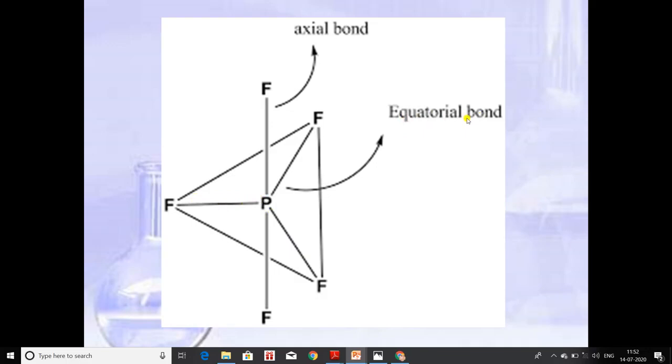Now there is one question: why are axial bonds longer than equatorial bonds? Because there is repulsion between bond pairs. That is why, to minimize repulsion between bond pairs, the axial bonds are longer than equatorial bonds.